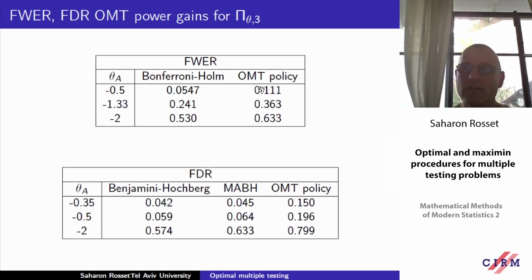We see we get more than twice the power, or expected number of rejections, in this low power setting, and about 20% in the higher power setting. It's a similar picture for FDR, where we actually get a higher increase in power. We see at the bottom of the FDR table a higher increase in power from moving from BH or minimally adaptive BH to the optimal policy.